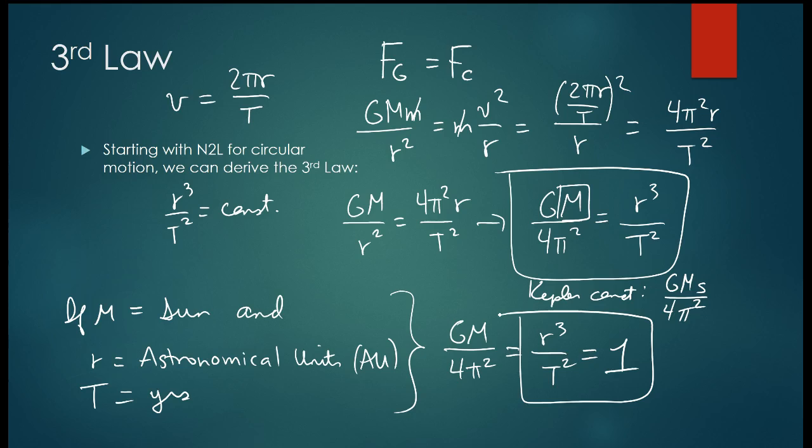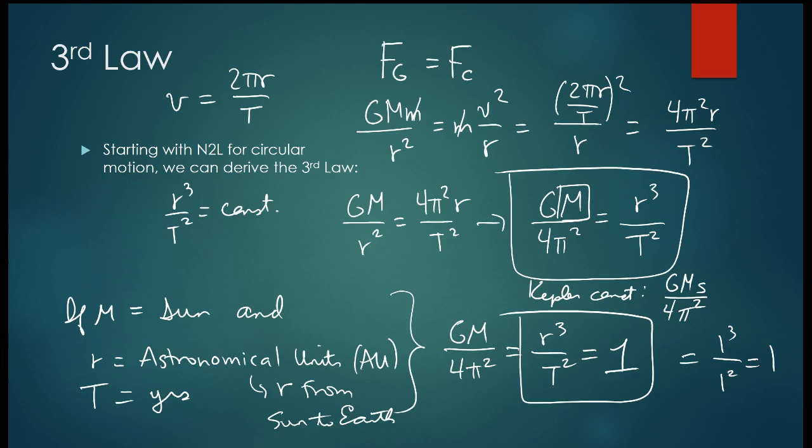So this is a special case of Kepler's law. Now the astronomical unit is basically the r from the sun to the earth. It's 150 million kilometers, but that number isn't important. The important thing is that the sun to the earth is 1 AU, so if I plug in 1 cubed over 1 squared, I better get 1. So that's just a nifty thing to do with Kepler's third law.